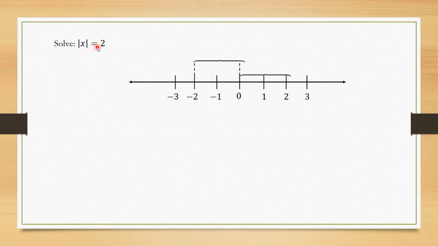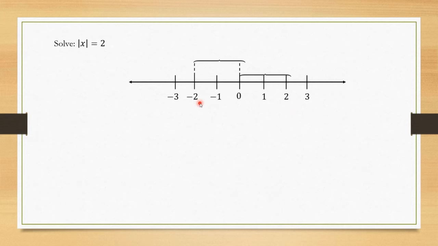How many numbers are there? We know 2 itself is 2 units from 0. Remember, absolute value is distance. So if you think of it in terms of distance, we want all numbers whose distance from 0 is 2. Well, 2 does that, but 2 is not the only solution, is it? What if we go to the left 2 units?